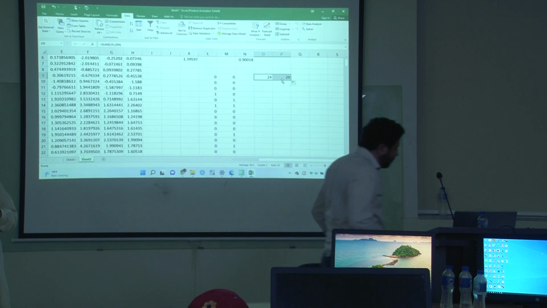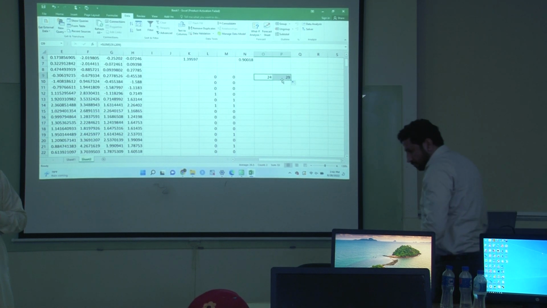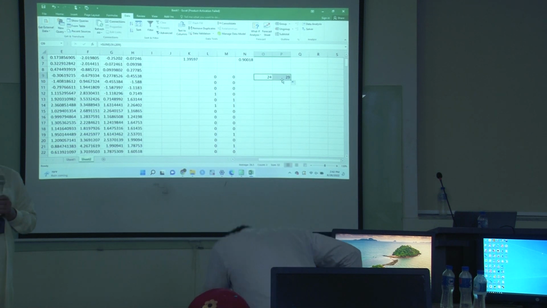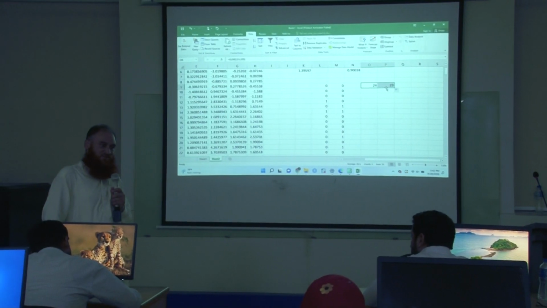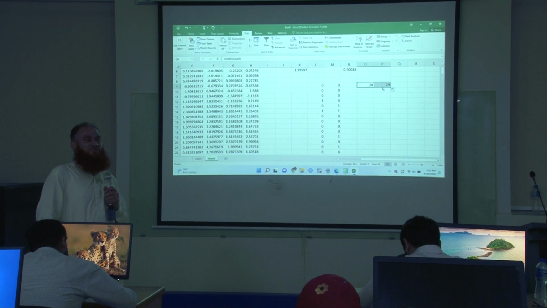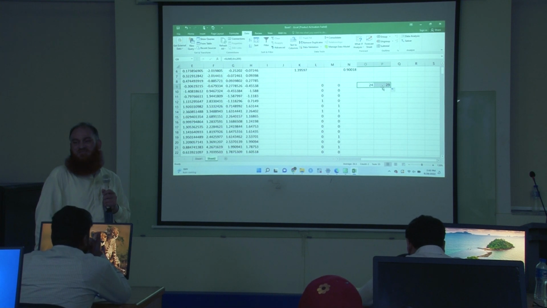This is all what is needed for avoiding the spurious regression. Without going into the trouble of applying the unit root and co-integration analysis, you can get much reliable results just by putting in the lag values, and that's all.